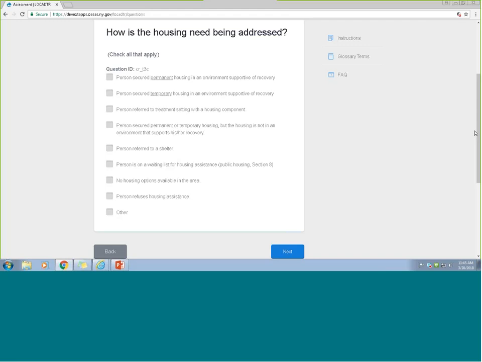We also include options like no housing options available in the area. This is a check all that apply, so we do want you to be comprehensive in indicating what the nuances are of that individual's housing situation. This is a part of the concurrent review that we changed as we got lots of feedback from providers that housing needs are very complex, and that in most areas of the state there's some housing scarcity or difficulty in making the connection to housing.